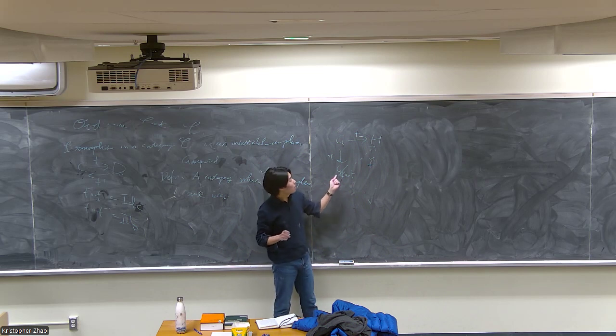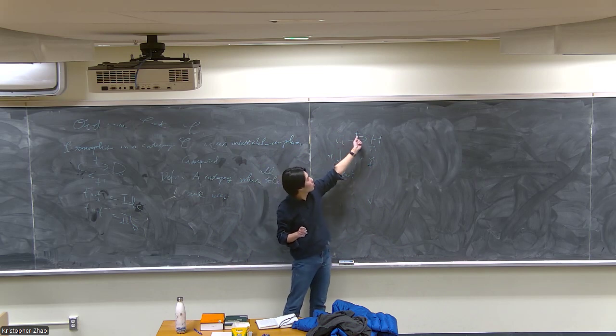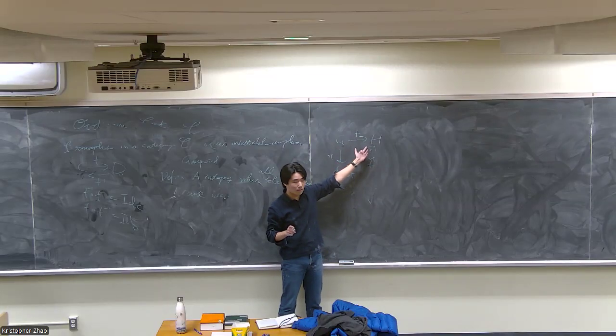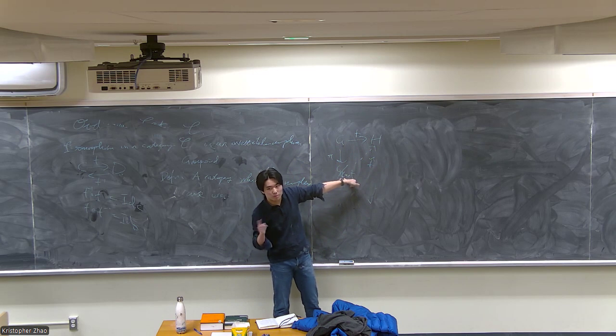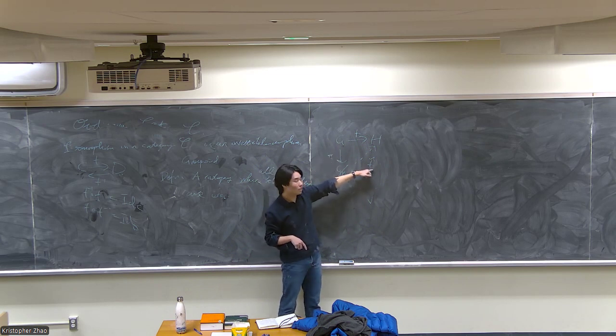It means every homomorphism of abelian groups, arbitrary ones, factors through this object. This map is just the projection, the quotient map, and we induce such a map.